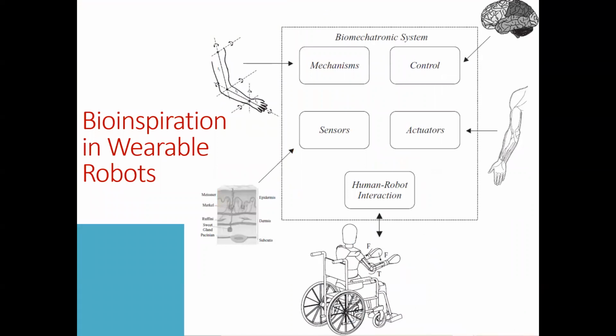So talking about this bio-inspiration in wearable robots, as I was telling, bio-inspiration has to be considered for almost everything, from designing to the final use of these rehabilitation robots. When we design the mechanism of the robot, we have to consider the biological system, developing sensors, developing controller.